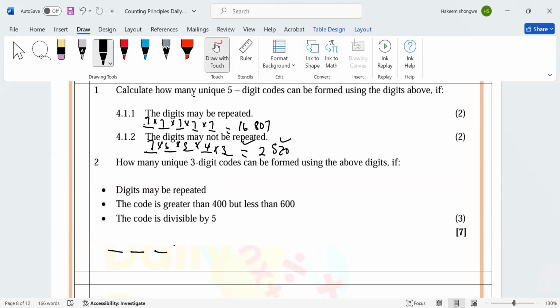There's no 0, so it's 5. We're choosing from 3, 4, 5, 6, 7, 8, and 9. So the only number that makes it divisible by 5 is 5. So we put 5 here.